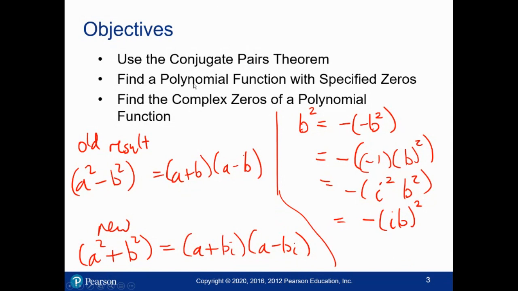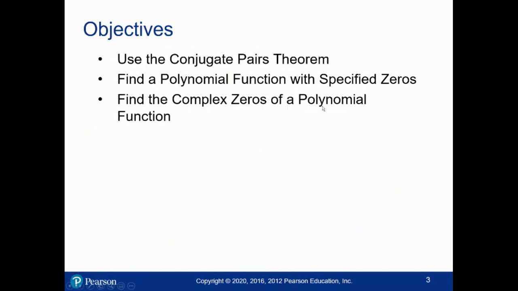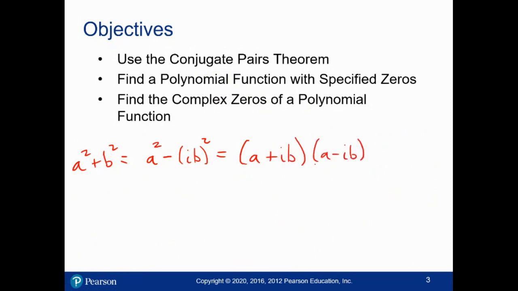So in the old difference of two squares factoring, we can use this. So if I was trying to factor a squared plus b squared, we've just determined you can call this a squared minus ib squared. And now I can factor it as a difference of two squares, a plus ib, a minus ib, although we tend to write it in the order a plus bi, a minus bi.